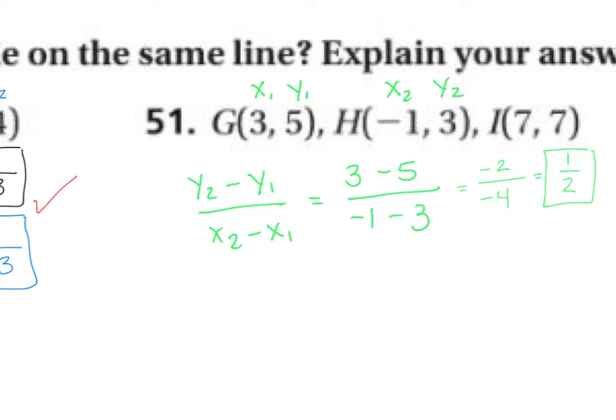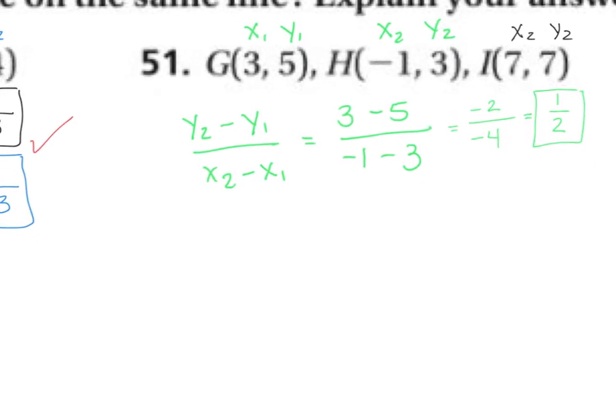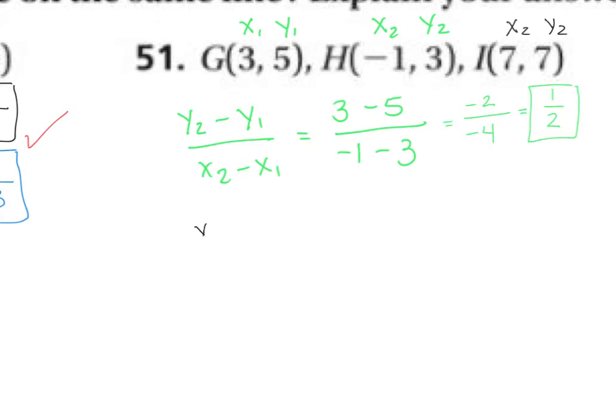All right, guys, lastly, let's change our x2 and y2 to make it I. So let's make x2 and y2 for I, which are 7 and 7. And let's now write a new formula. So we've got y2 minus y1 over x2 minus x1.